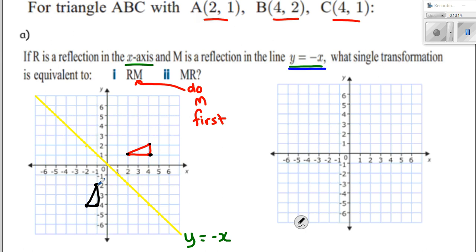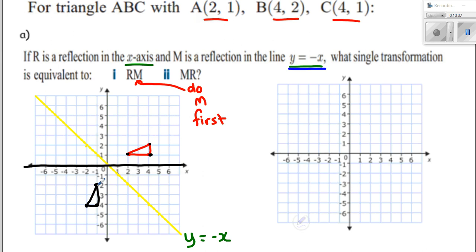What we need to do now is do what the first letter is. The first letter is R. According to what it says above, R is a reflection in the x-axis. So what's the x-axis again? It's this line through here. So we need to reflect across the line.